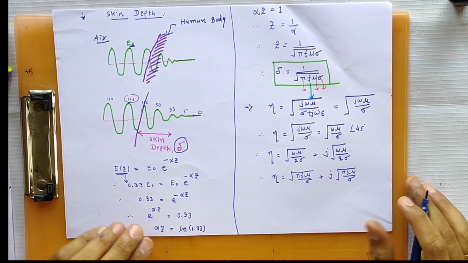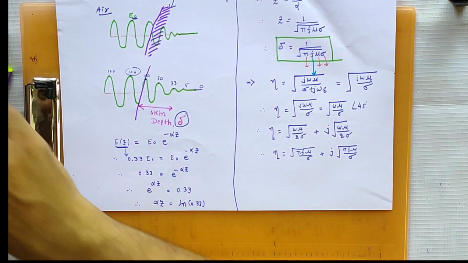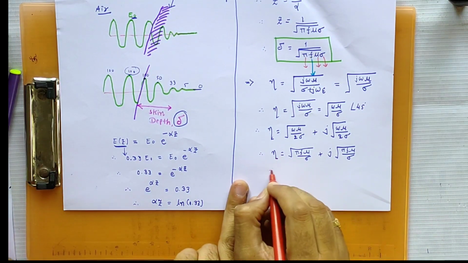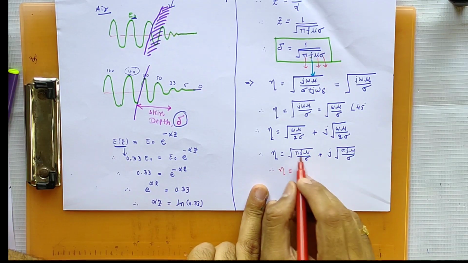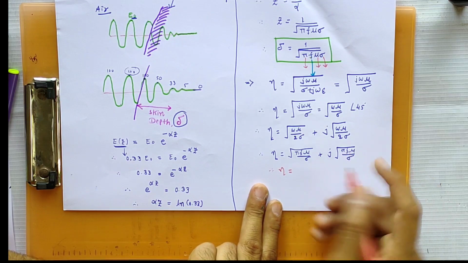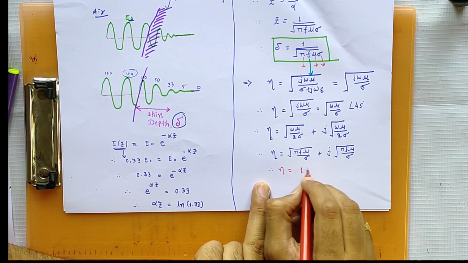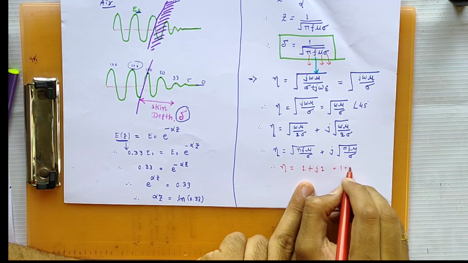What does it indicate? Just for knowledge, suppose you calculate all those things and the value of the square root of pi f mu by sigma comes out as 1. Then it is 1 plus j into 1, so the intrinsic impedance is 1 plus j, for example.